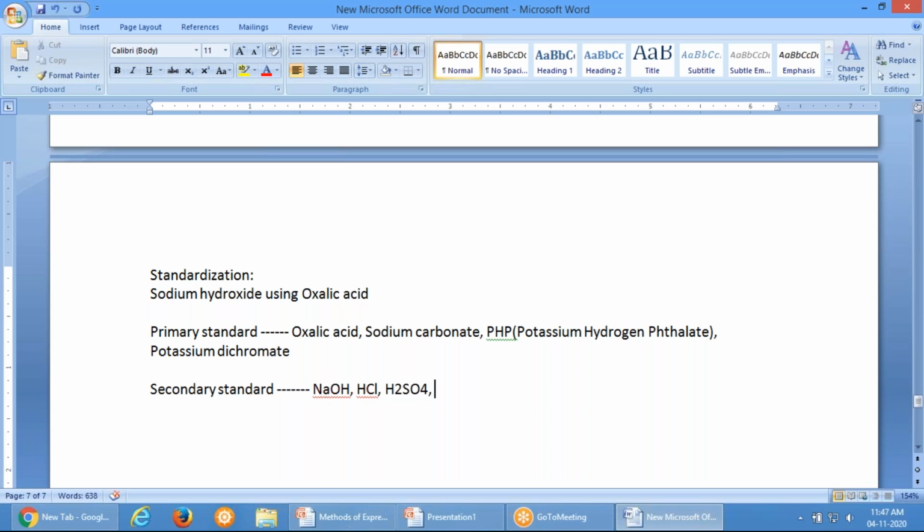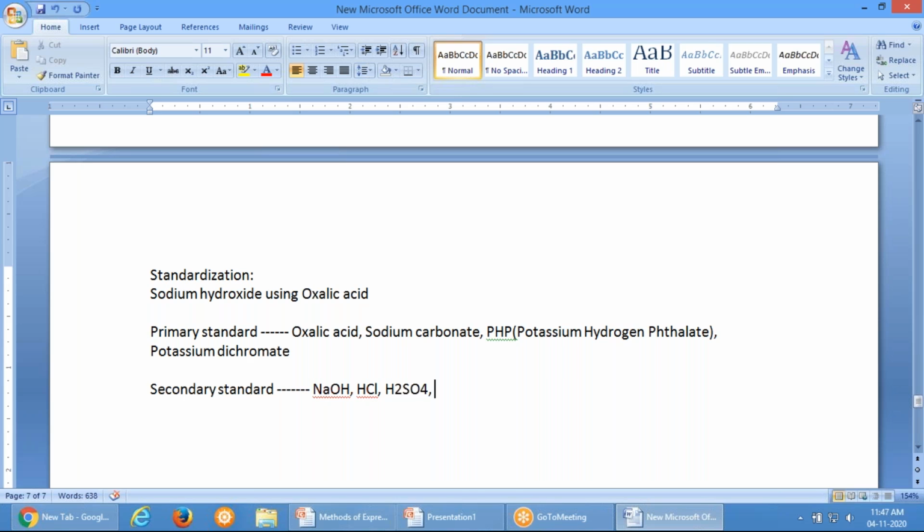So different reactions will use different primary and secondary standards. Oxalic acid is used to standardize sodium hydroxide. So this is an acid-base reaction. Similarly, hydrochloric acid and sulfuric acid are standardized using sodium carbonate. This is also an acid-base reaction.